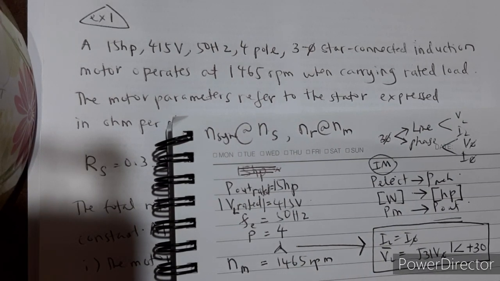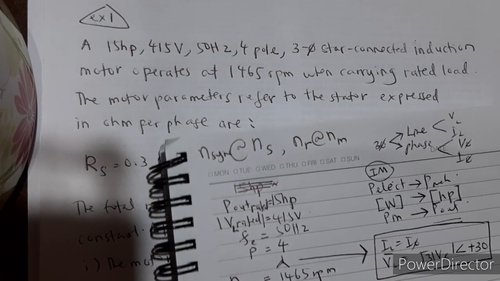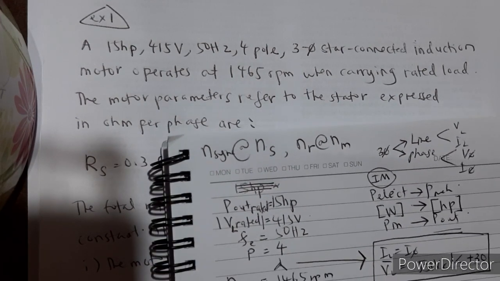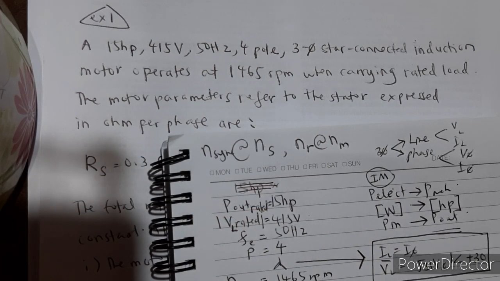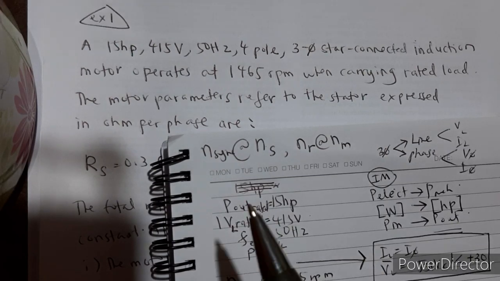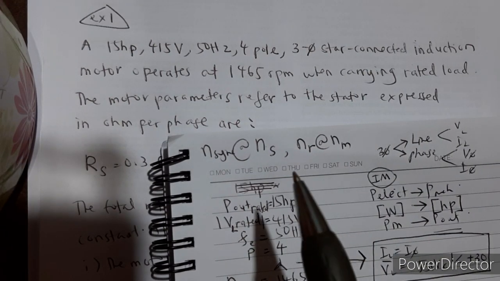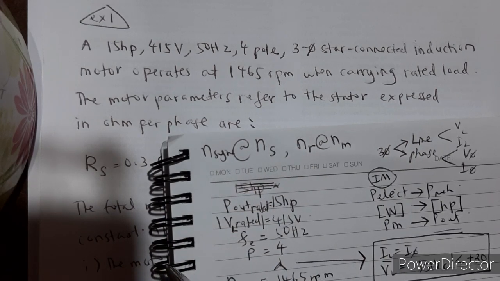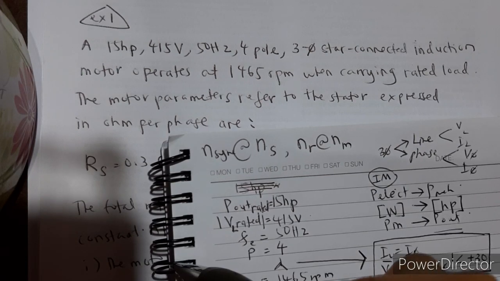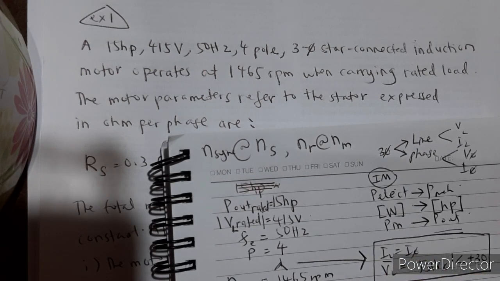The motor parameters refer to the stator, expressed in ohm per phase. In the previous video I forgot to mention that the approximate equivalent circuit included in the slide is actually referred to the stator. The standard approximate equivalent circuit in your syllabus is the one referred to the stator. It's the same concept as in a transformer, where we have referred to primary and referred to secondary.